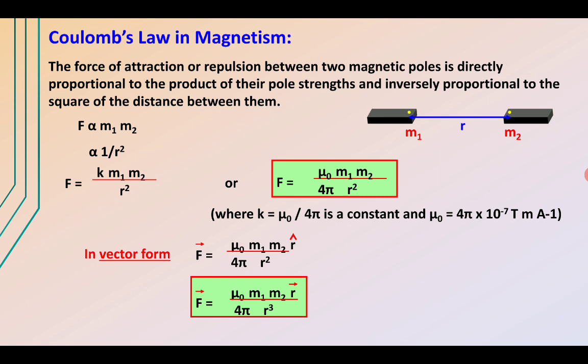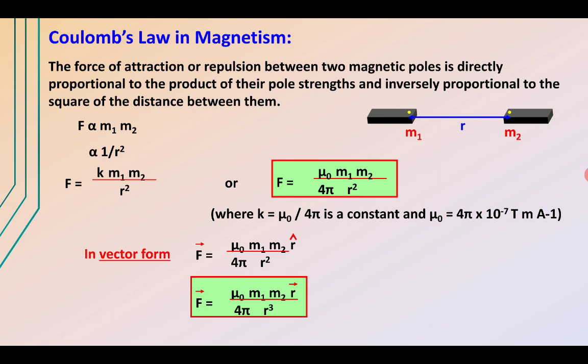Now, after discussing Coulomb's law in magnetism, we have some other topics, like finding the magnetic field of a bar magnet at an axial line and the magnetic field of a bar magnet at an equatorial line. You are now familiar with these topics as you had already covered them in previous two chapters, so we are going to discuss them in our tutorials or classes as well.